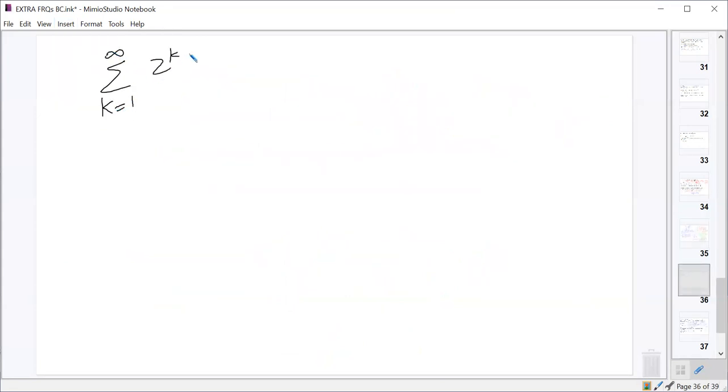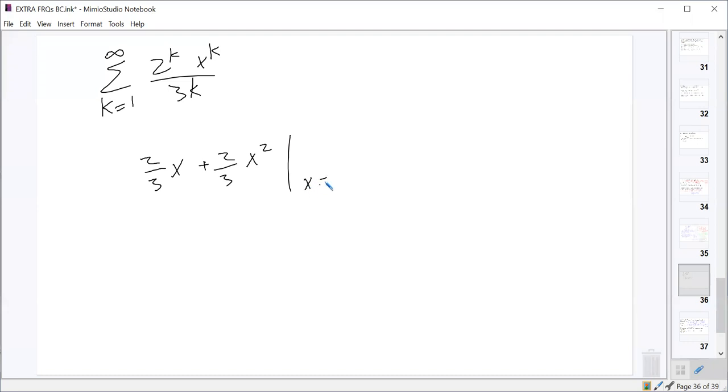I'm just going to write the series again so I don't forget it. 2 to the k, x to the k over 3k, right? So the first term should be 2/3 x. The second term, we plug in 2, should be what? 4/6. So again, 2/3 of x squared. Everybody agree with that?